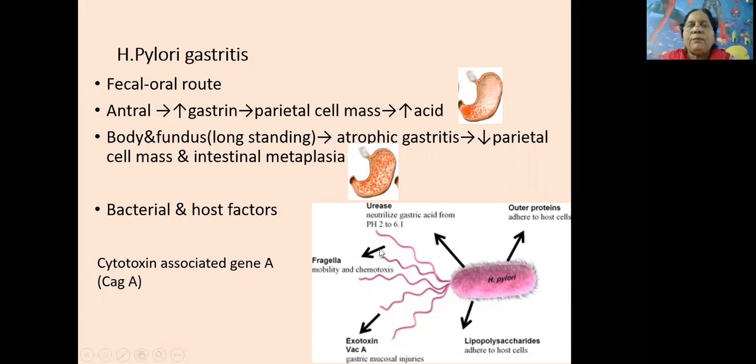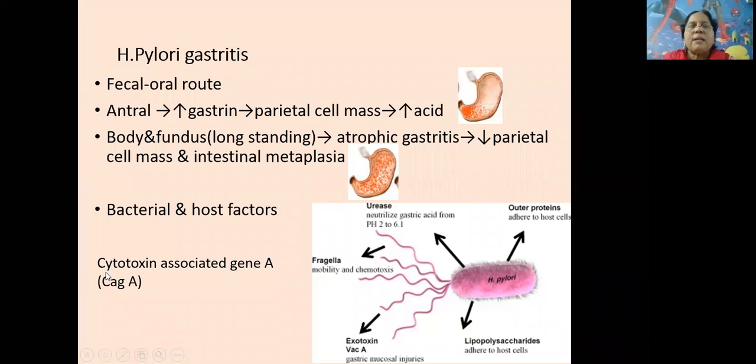It also has an exotoxin called VAC-A. Also associated with this cytotoxin is the cytotoxin associated gene A, otherwise called CAG-A.